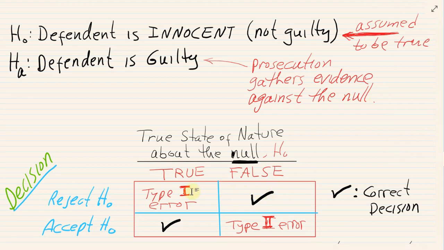So in this contingency table, this is how I started this table. I started with the labels. So this reads true state of nature about the null. What I mean by true state of nature about the null is this. Remember, we don't really know what the mean of any random variable in the population is.